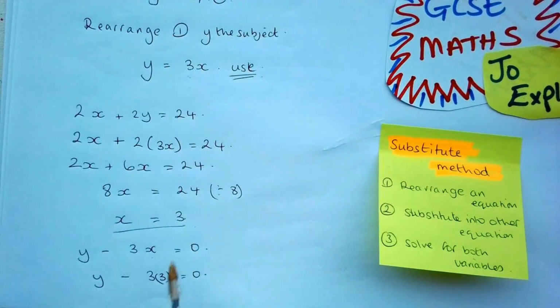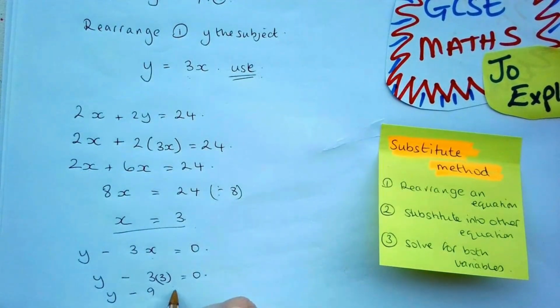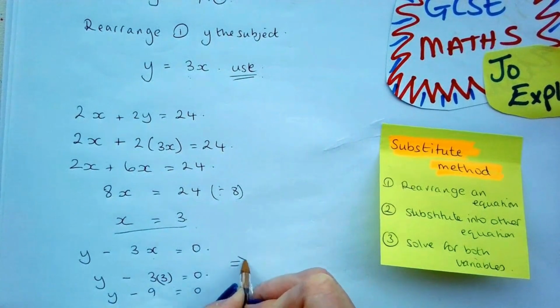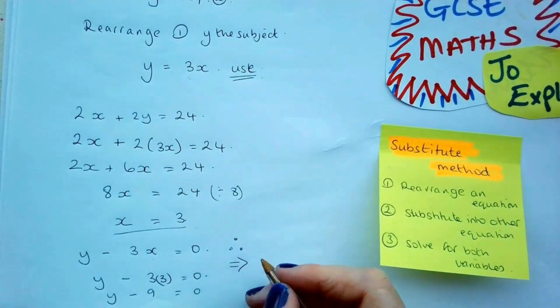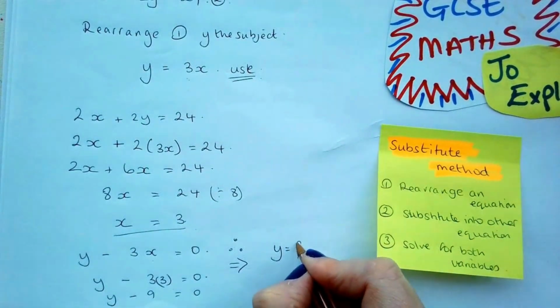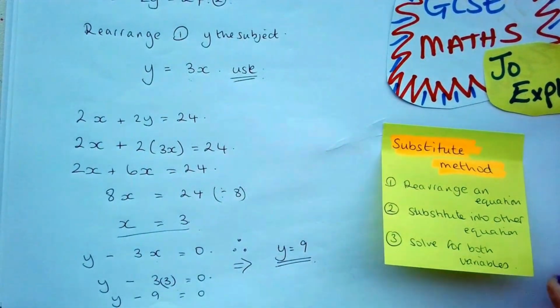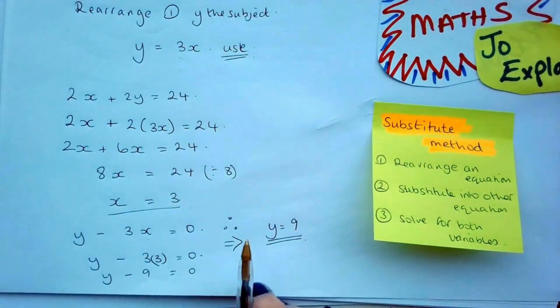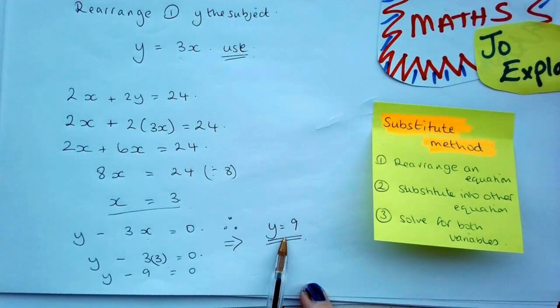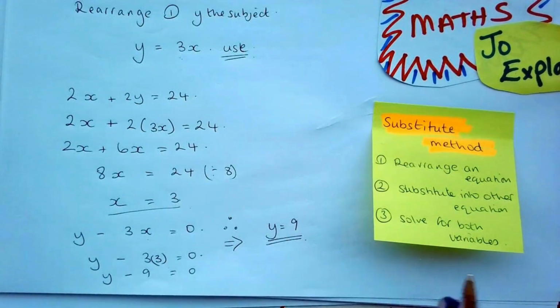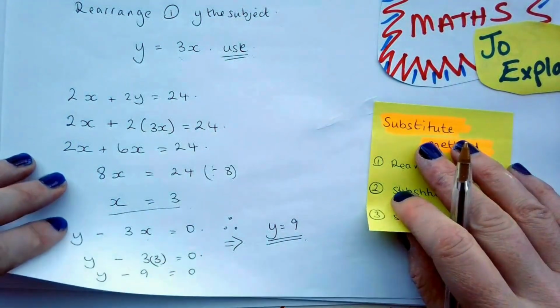So 3 3s are 9, so y minus 9 equals 0, therefore y must be equal to positive 9. Okay, so I've got now my two variable values, x and y. Right, so that would be one way to solve a simultaneous equation.